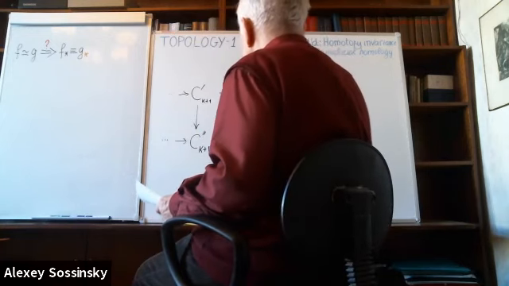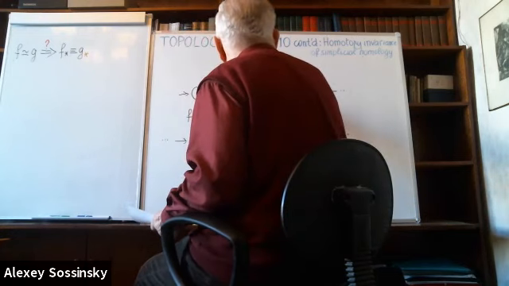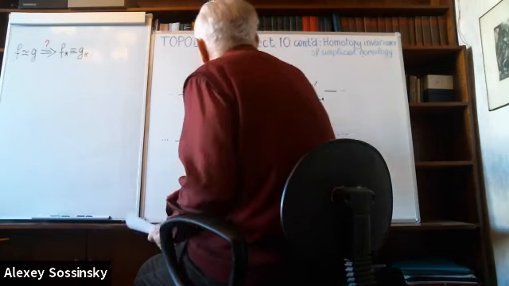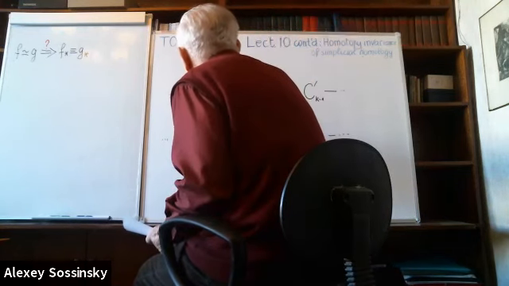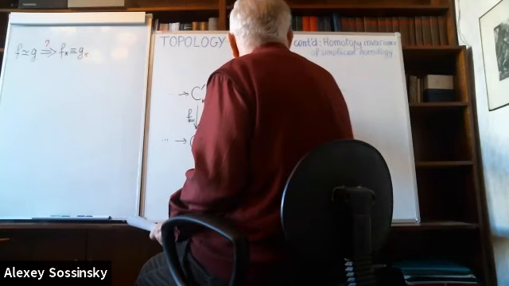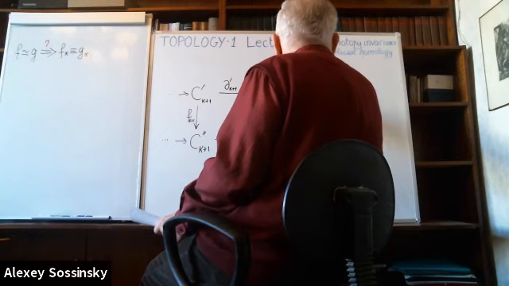So in this situation, suppose we have a morphism F. This is F k plus one, this will be Fk, and this will be Fk minus one.